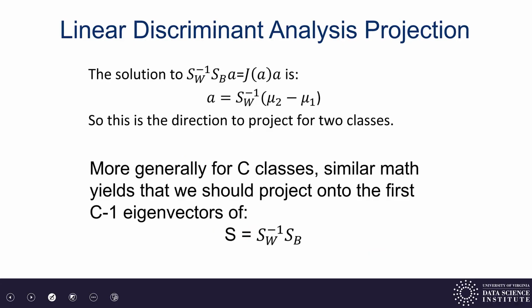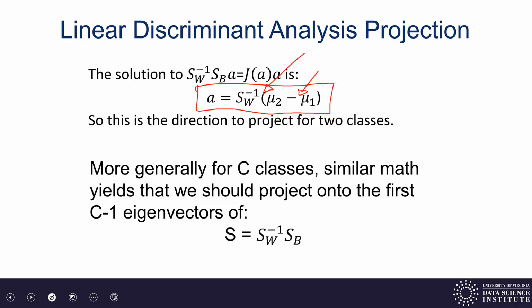So this tells us the direction to project these two classes. We can solve for A if we have a two-class problem, and there's the formula for the vector A. We take the vector between the means, and then we multiply that on the left by this inverse of the scatter matrix.